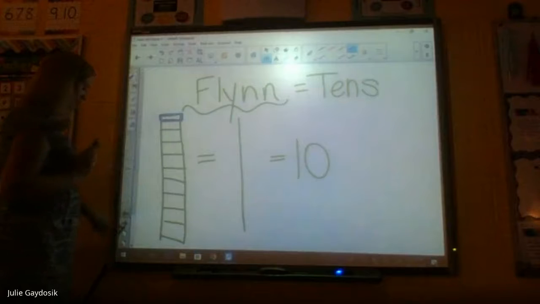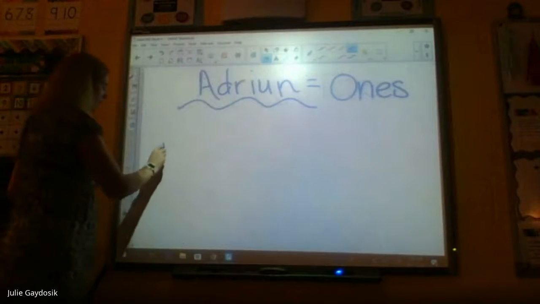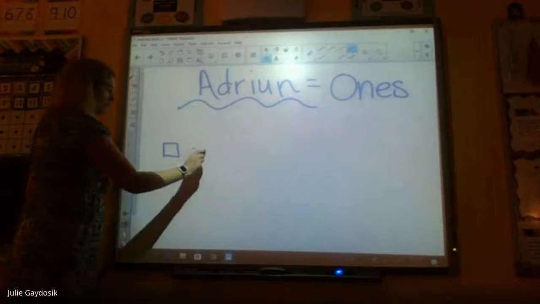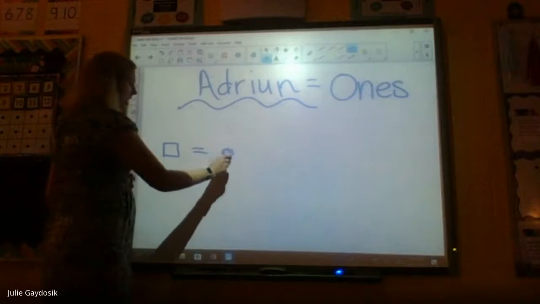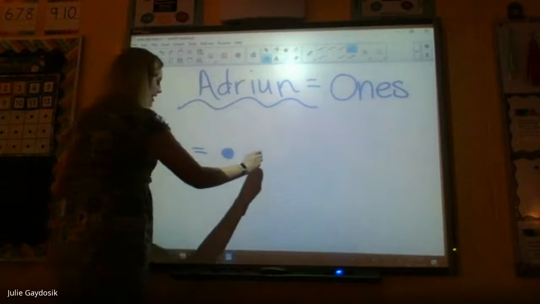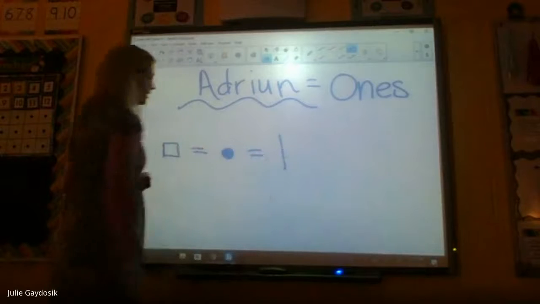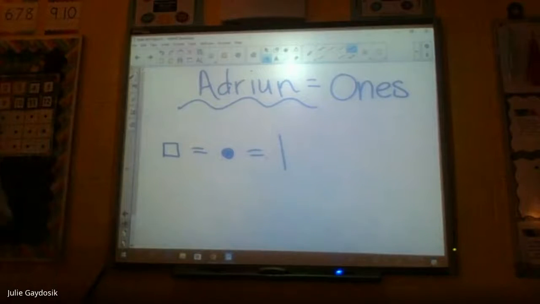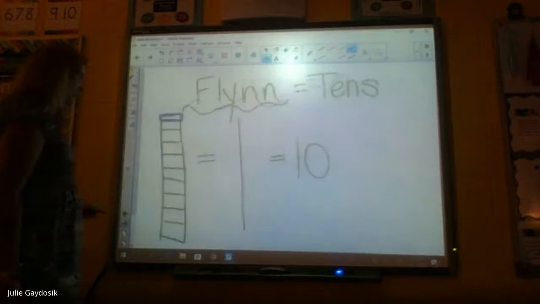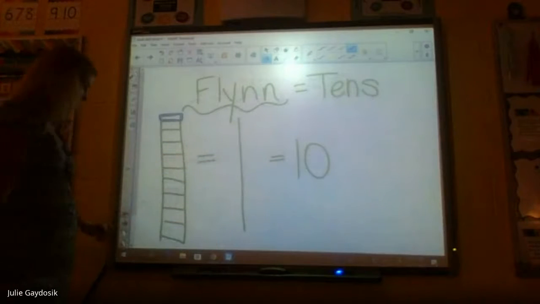He's just a ones cube. So he's 1 cube, or you can write him as a dot. And each one is only worth 1. So when you count the ones, you count by ones. If you're counting Flynns, you would count by tens, okay?